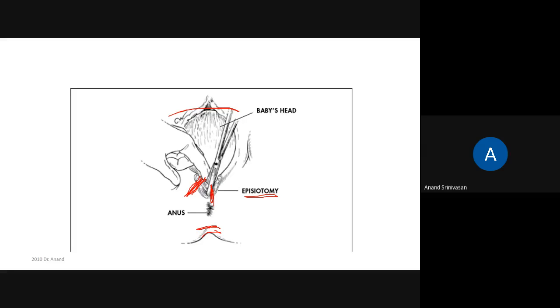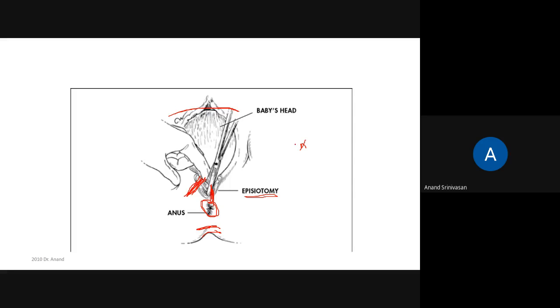Why not medially? If you give a median cut, it can injure the anal opening. So after delivery, the mother will have severe pain even during defecation. That's why it is avoided. You should not give a median episiotomy.